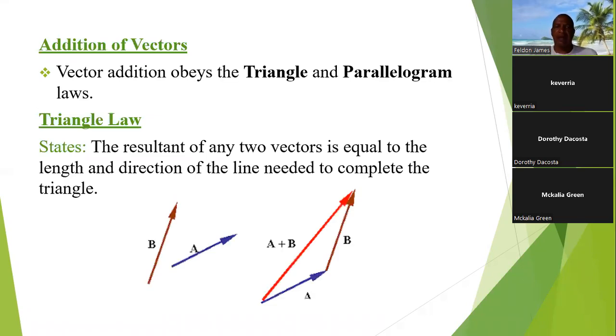All right, so moving along. Now we're going to be looking at how to add vectors. Now, when we're adding vectors, vectors can be added based on whether or not we have them on a graph where we're actually using coordinates, or we have them freely drawn as line segments on a paper where we're using letters to represent their magnitude.